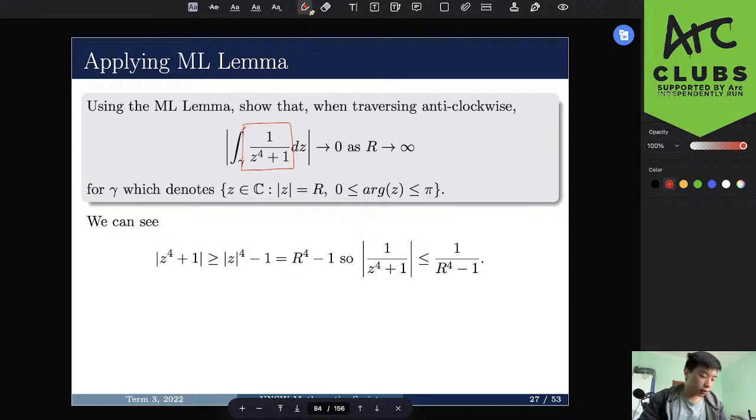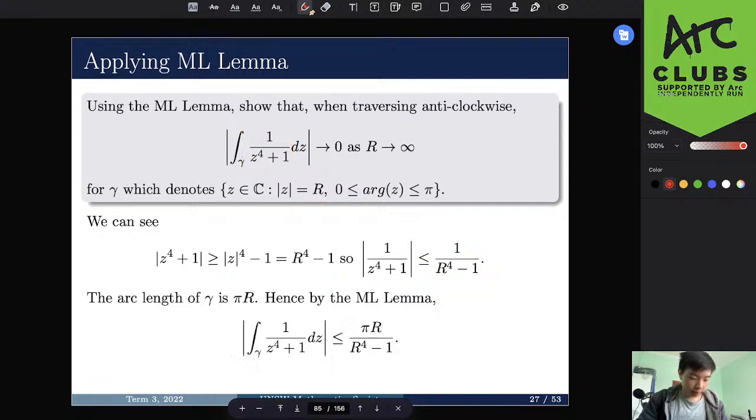And since we have the modulus of z being equal to r, we have this inequality right here. Then of course we can take the reciprocal, and if we do, the sign flips, and we get this real number right here is greater than or equal to every single possible number that can come out of this function right here.